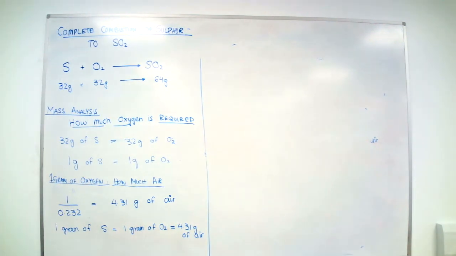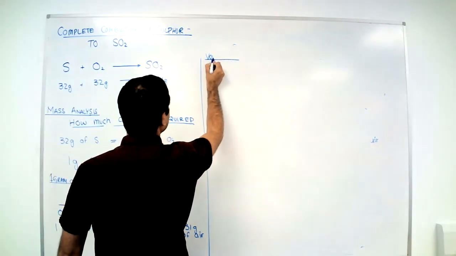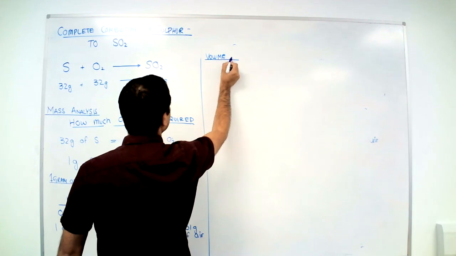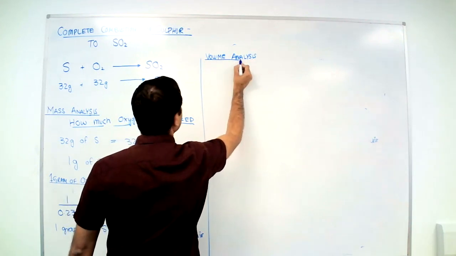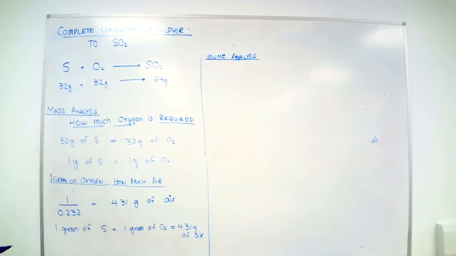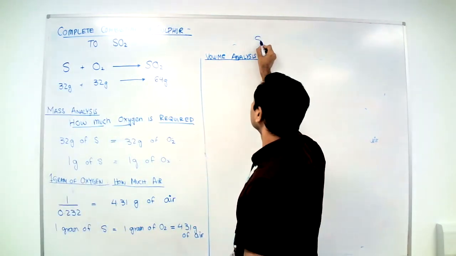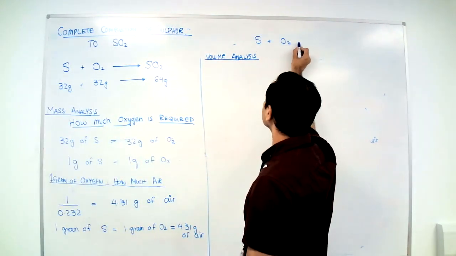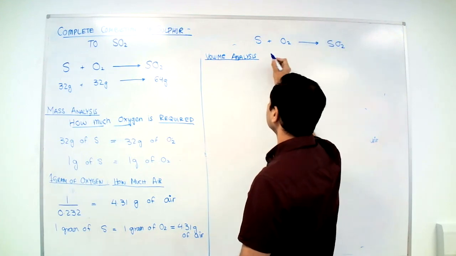This is by mass. Now, if you want to do volume analysis, we rewrite the equation again, and the equation is balanced.